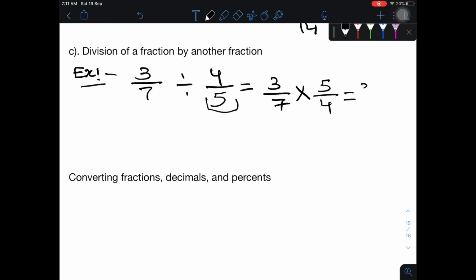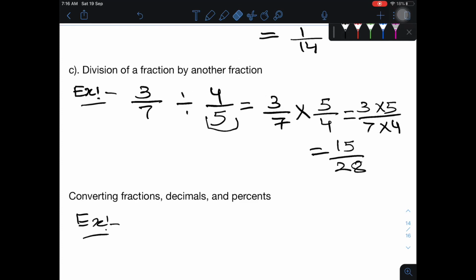Now multiply numerator to numerator and denominator to denominator, and your answer will come: 5 3s are 15, 7 4s are 28. So in this way you can multiply. 3 into 5 and 7 into 4, you will get 15 by 28. Clear? So I hope you have understood division of a fraction by another fraction.